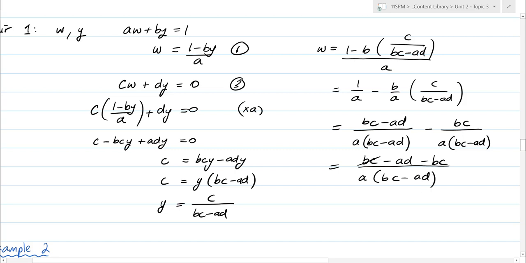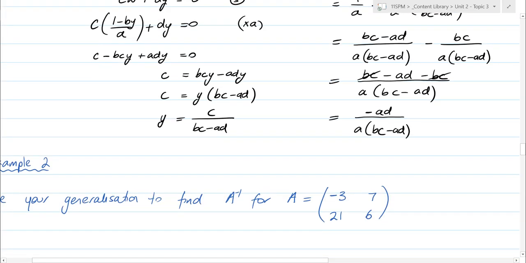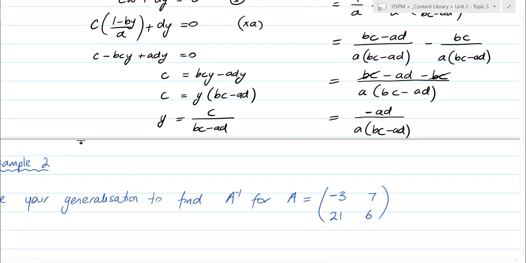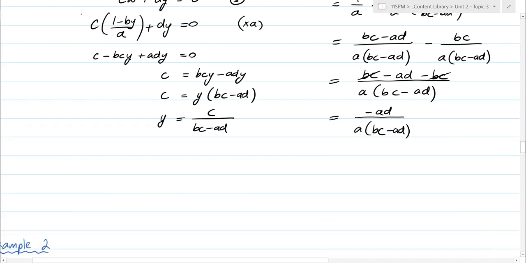And of course that's nice because the BCs cancel out. I get negative AD over A times BC minus AD, which of course gives me negative D over BC minus AD. So that's my W value, and there's my Y value.